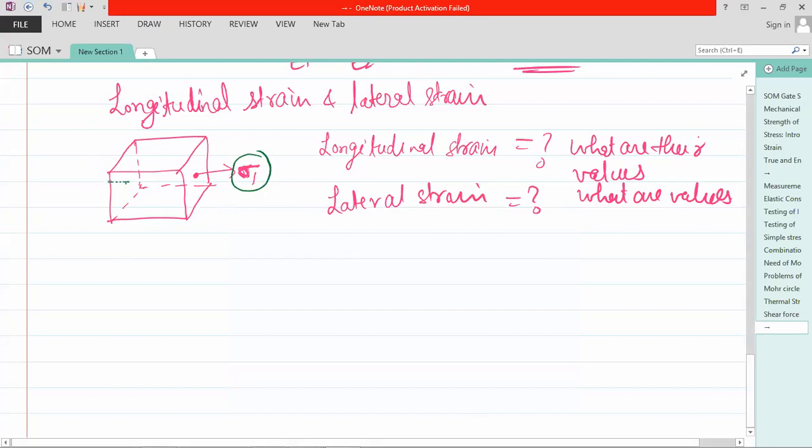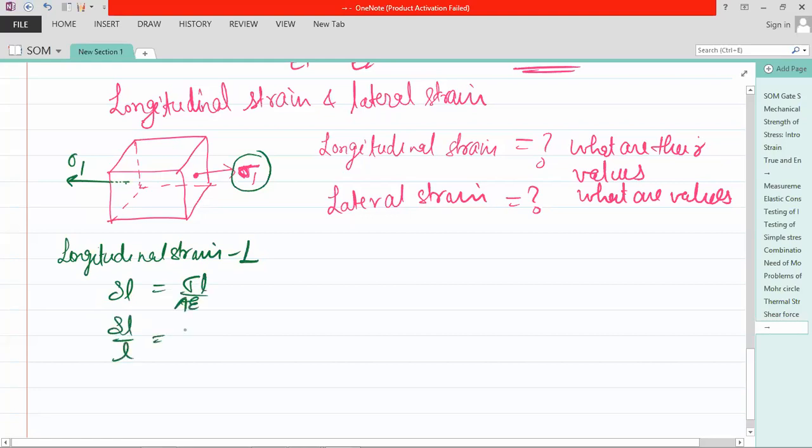Therefore, longitudinal strain will be in only one direction, and it is delta L equal to sigma L upon AE, or delta L upon L is equal to sigma by E.